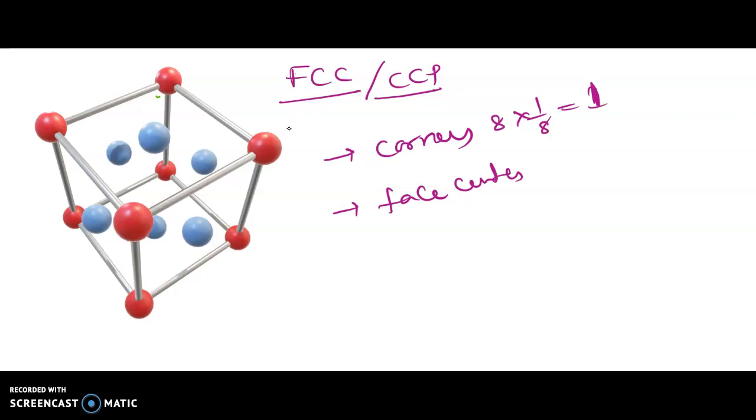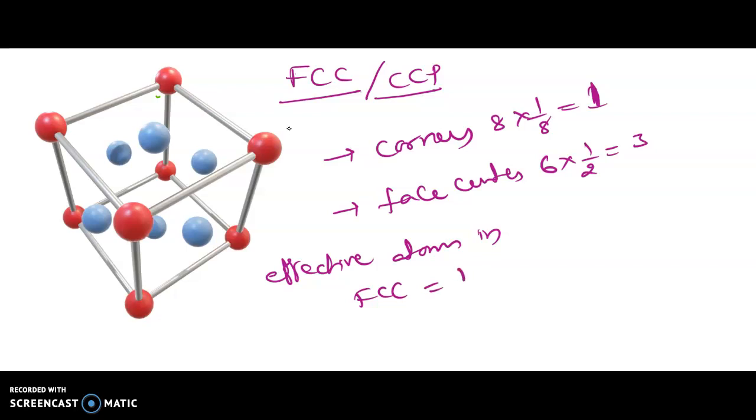And face centers, there are 6 faces and each face center atom contribution is 1 by 2, so here you will get 3. Effective atoms in FCC, face centered cubic unit cell, will be 1 plus 3, that is 4 atoms.